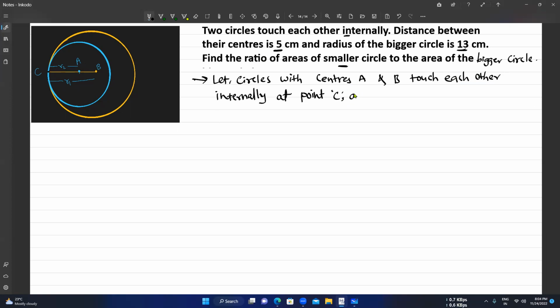So we'll also write: let R1 is equal to 13, which is equal to the radius of the bigger circle, and R2 be the radius of the smaller circle. So R2 is equal to the radius of the smaller circle.